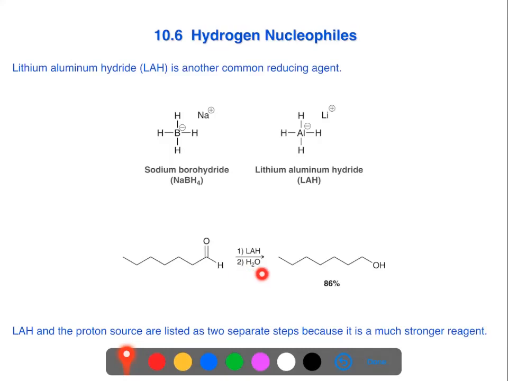In this example, we're using water as the source of protons, and we'd slowly add it not only to convert the alkoxide to the alcohol, but also to quench any remaining hydride present in our reaction mixture.